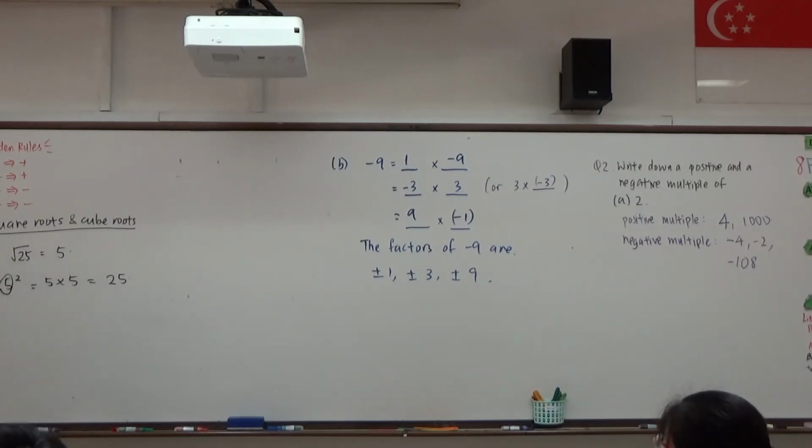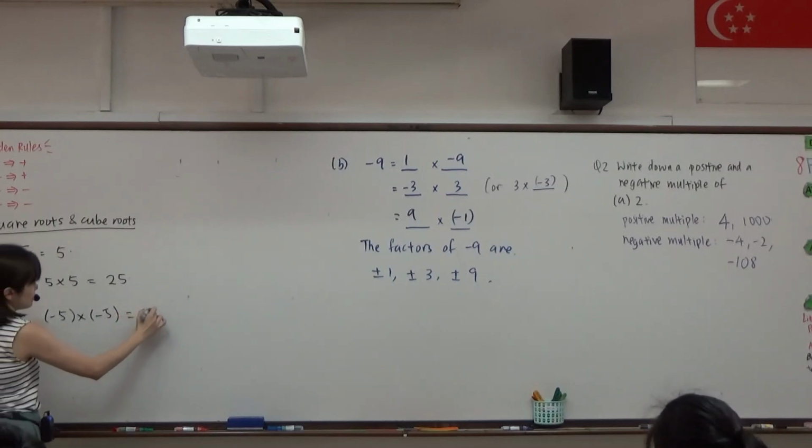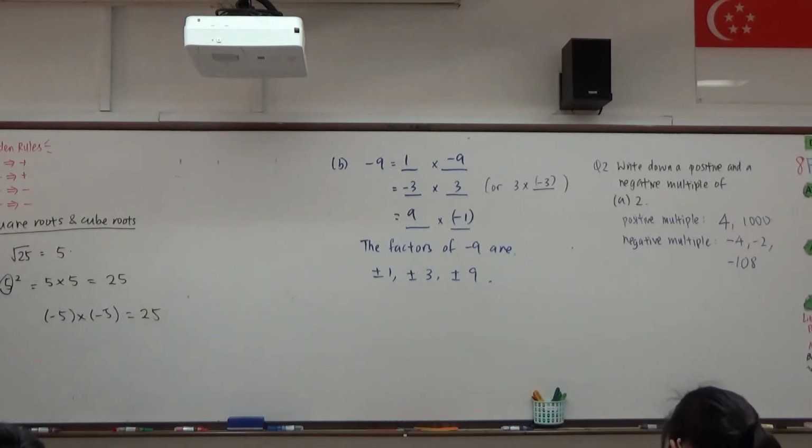But now since we have learned negative numbers already, is 5 times 5 the only way for us to get 25? What other ways can we get 25? Negative 5 times negative 5. Do we agree with this? Negative 5 times negative 5 gives us positive 25.